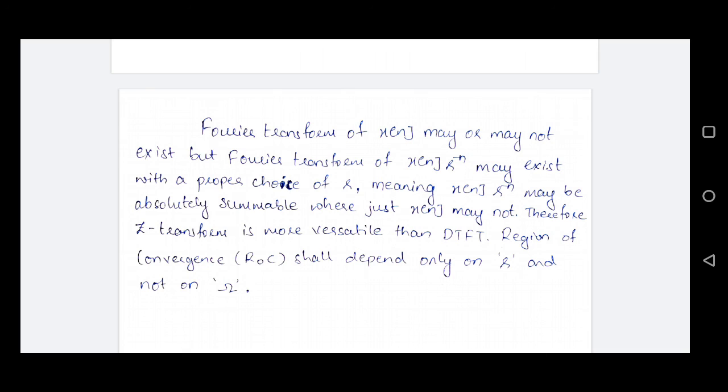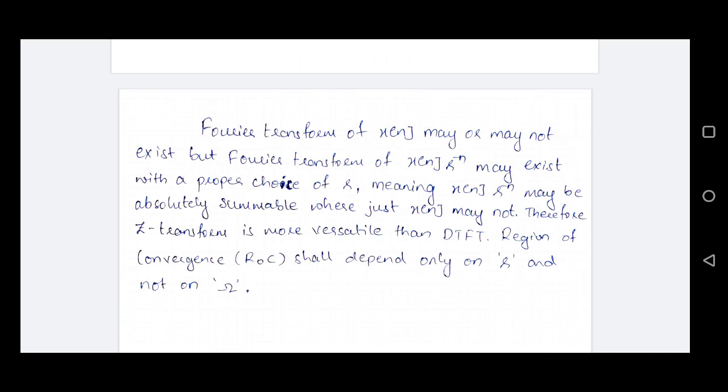And now the definition of region of convergence: the region of convergence is the set of values of Z for which the summation in the Z transform definition becomes absolutely summable. It becomes a finite value.